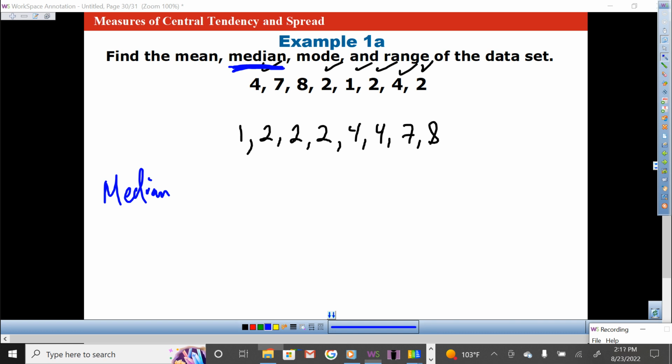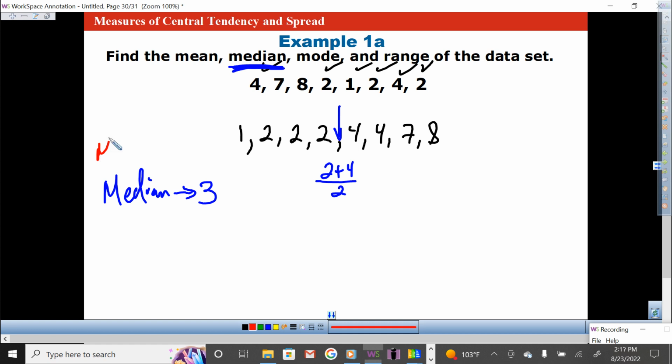Jet, how do we find the median? The number in the middle. Oh, you add the 2 numbers closest to the middle, 2 plus 4 divided by 2. Thank you, yes. All right, hands up if you got that.